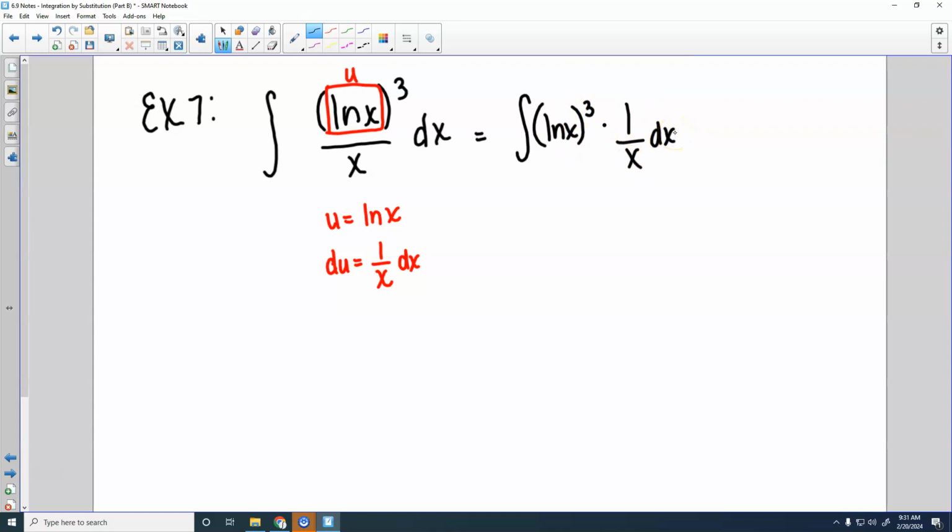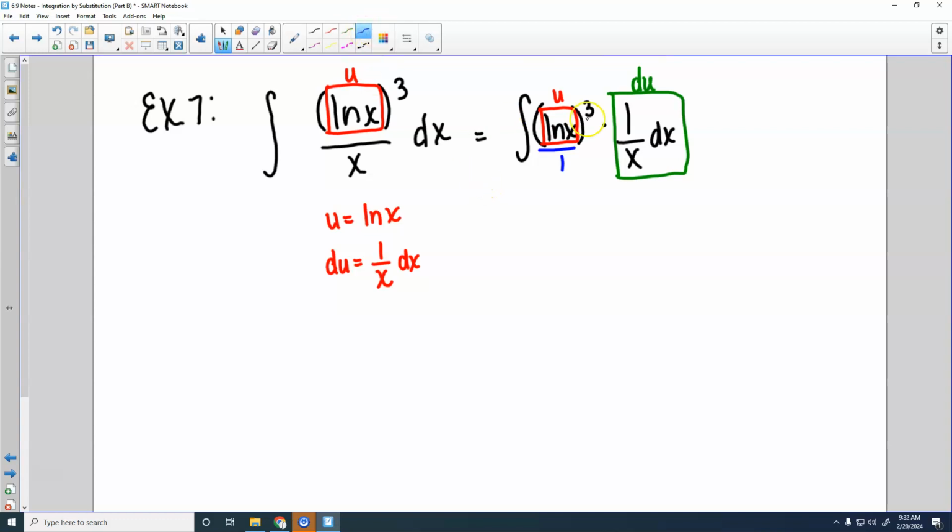Is that okay? Because this would be over 1, right? And if I multiplied it back together, I'd have what I started with. So I'm just pulling that apart. So this piece right here can be my u. This piece right here is my du. I don't even have to add any numbers in on this one.